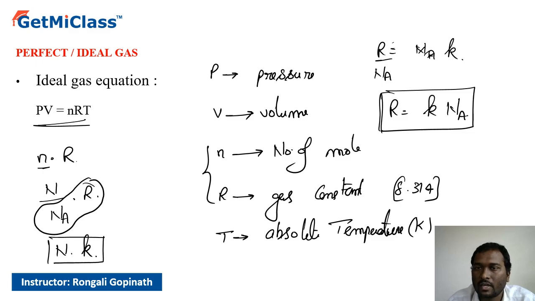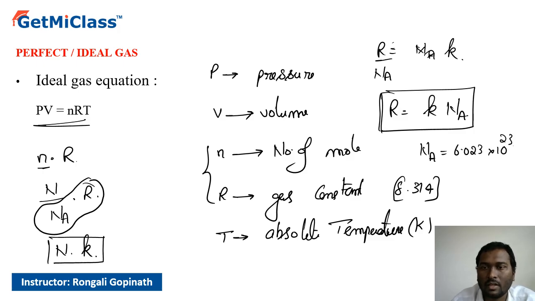Na is the Avogadro number, and the value of Avogadro number is 6.023 into 10 power 23 items or units. k is called the Boltzmann constant.